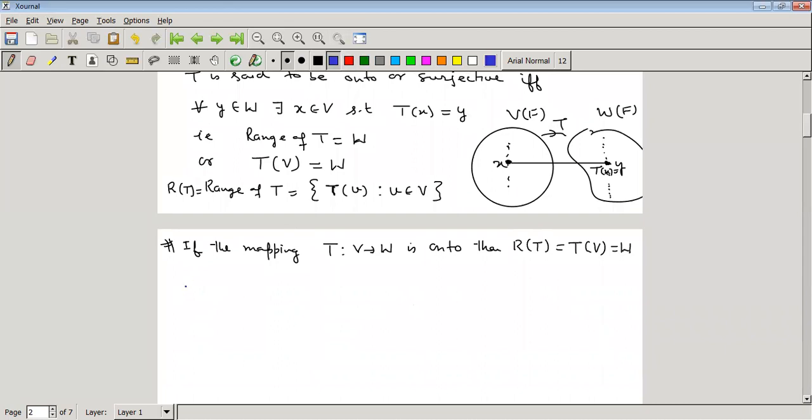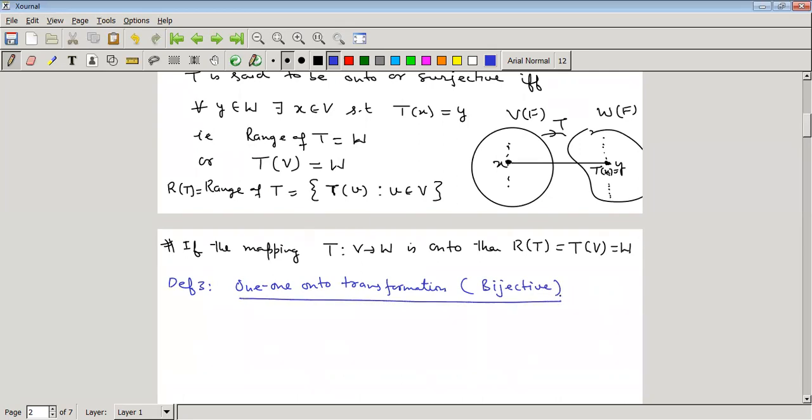Now next is one-one onto transformation, or we call this bijective transformation, one-one and onto.